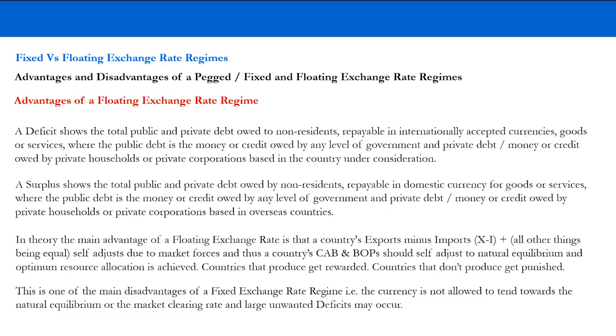So basically, a deficit shows the total public and private debt owed to non-residents, repayable in internationally accepted currencies, goods, and services, where public debt is the money or credit owed by any level of government, and private debt is money or credit owed by private households or private corporations based in the country under consideration.